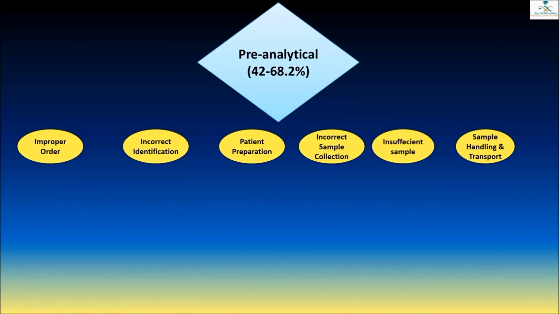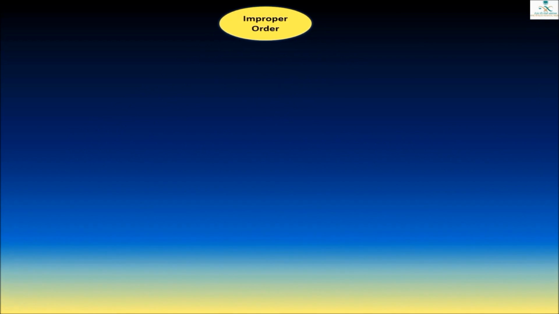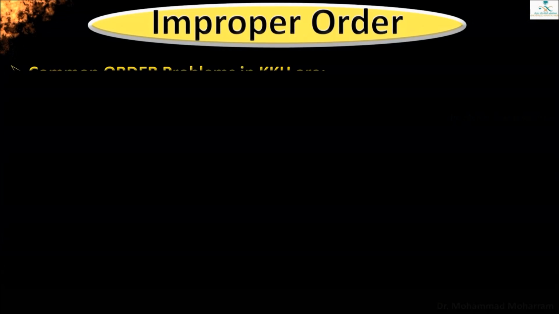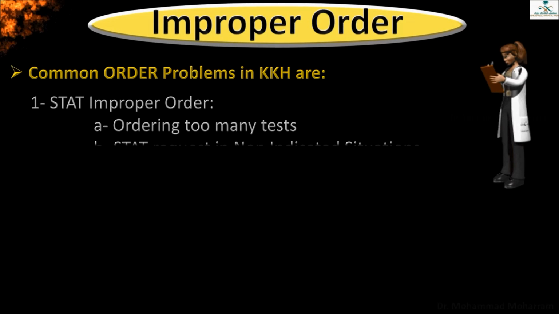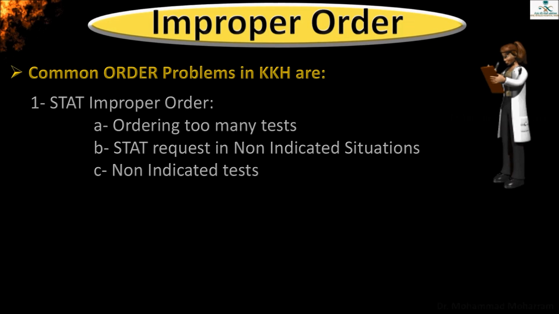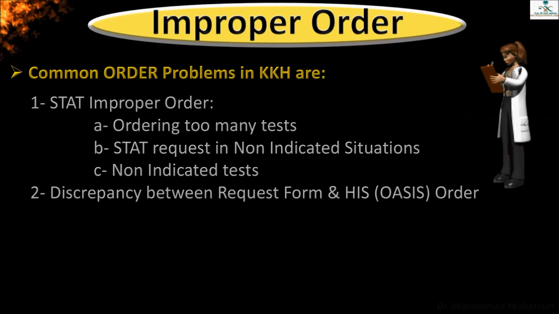Sources of pre-analytical errors may come from improper order, incorrect identification, improper patient preparation, incorrect sample collection, insufficient sample, improper sample handling and transport. The first cause of pre-analytical error is improper order. Common order problems in KKH are stat improper order due to ordering too many tests, stat request in non-indicated situations, non-indicated tests, discrepancy between request form and WASE's order.